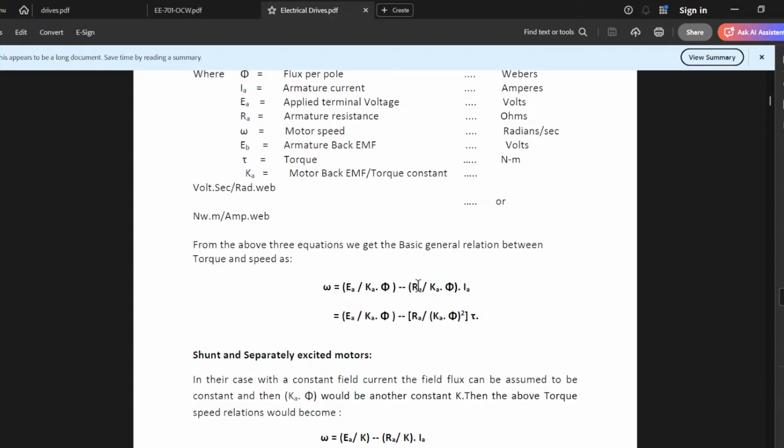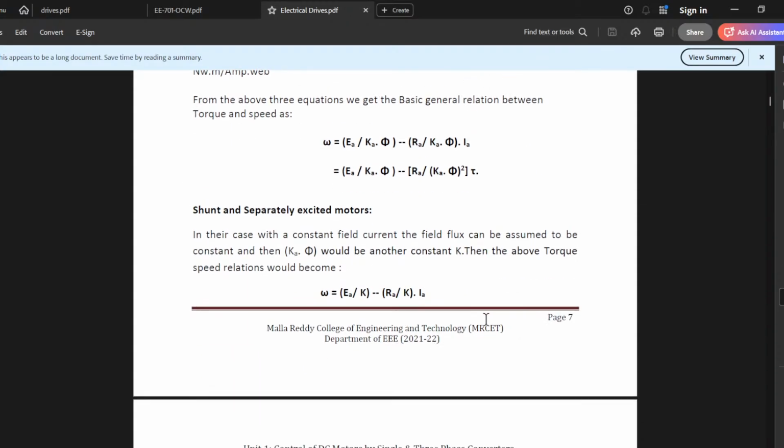So RA and Ka phi, that will be Ka phi squared, and Ka phi into Ia will become torque. So omega is equal to EA upon Ka phi minus torque Ra upon Ka phi squared. Here is the relation.